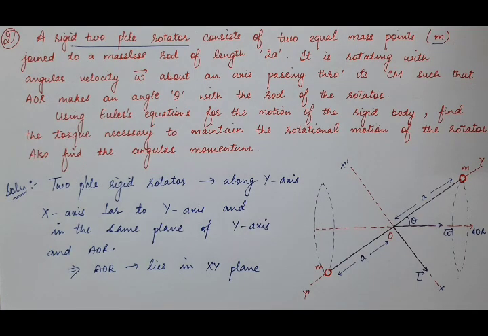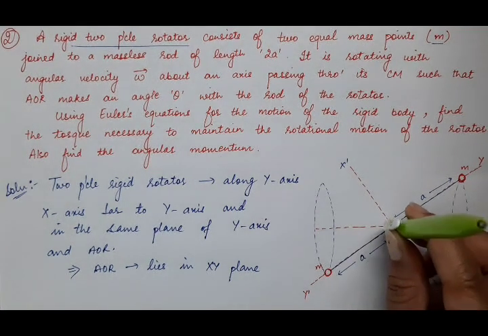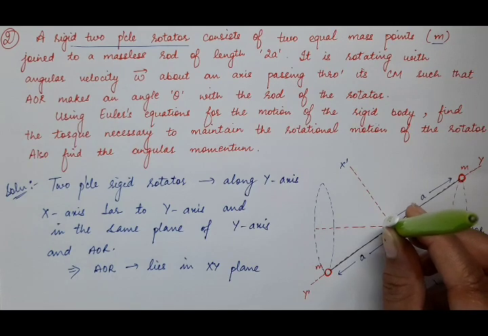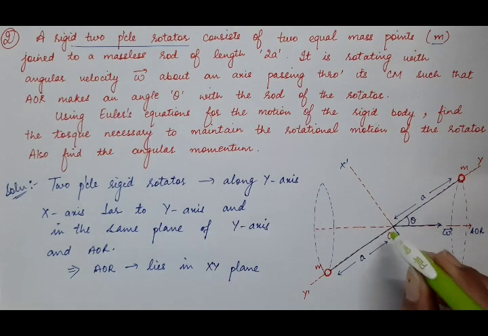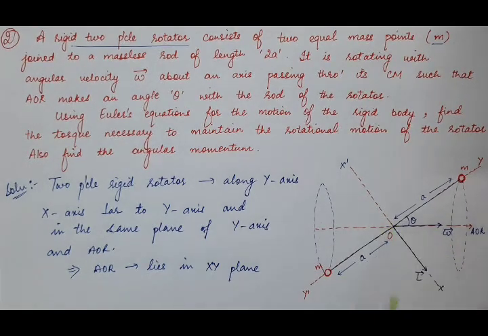Z-axis is perpendicular to this plane in this way. Z-axis is perpendicular to this plane and it will also pass through the center of mass of the two-particle rigid rotator.